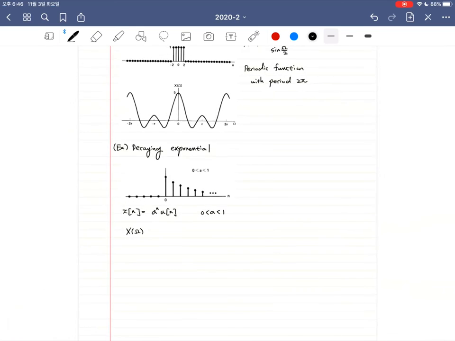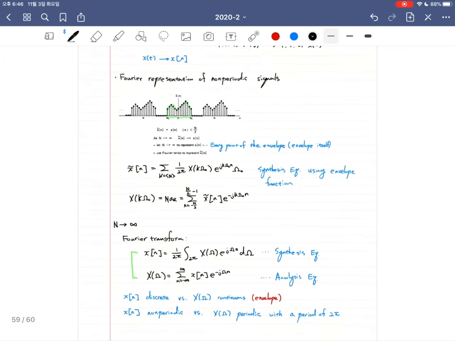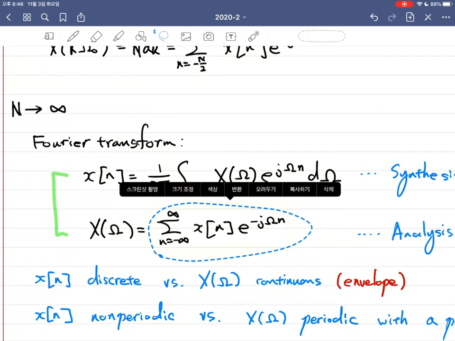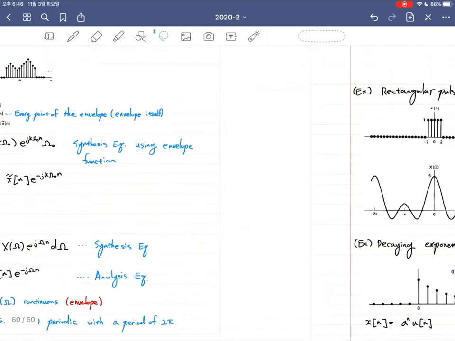Okay, so this time I'm going to obtain this Fourier transform by myself, using the definition.